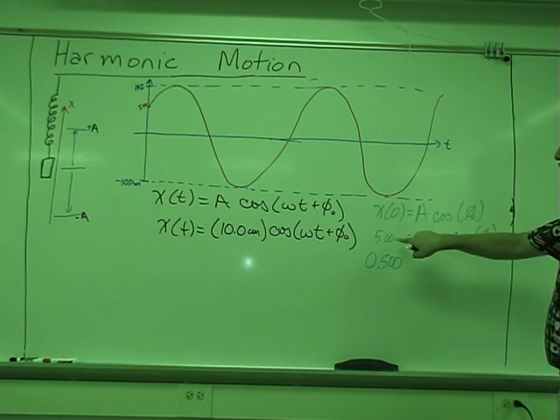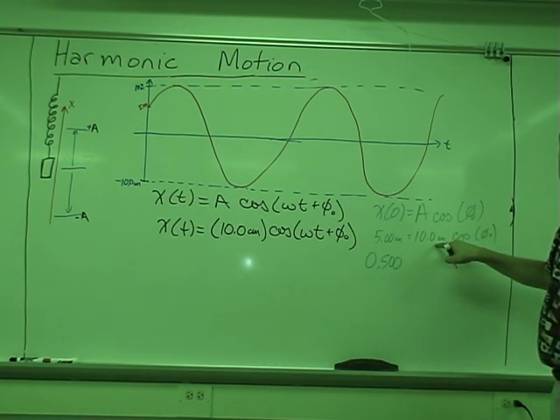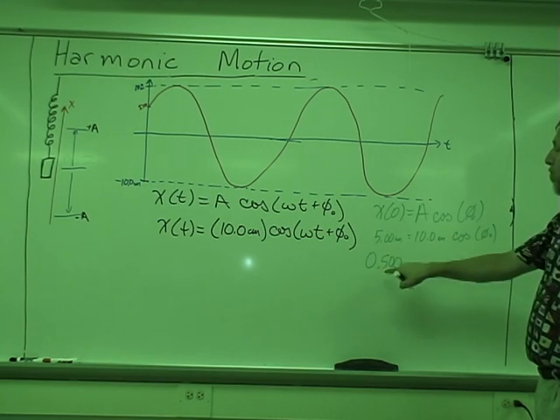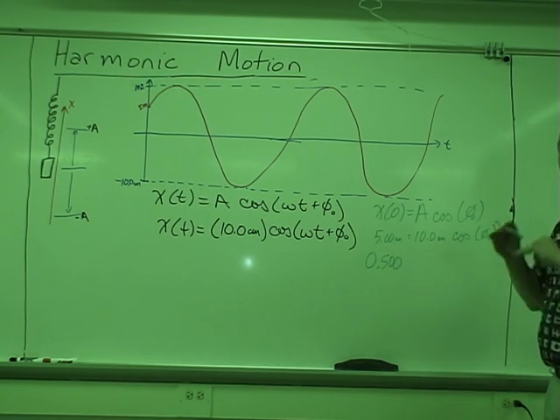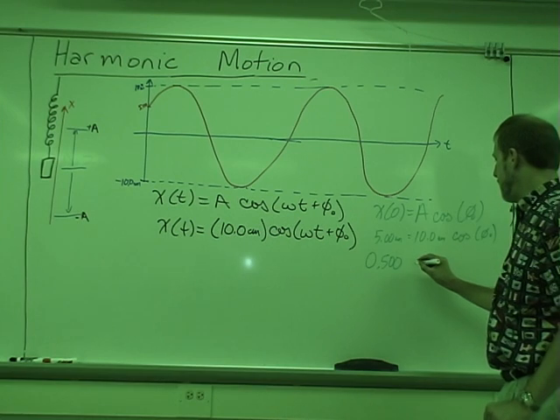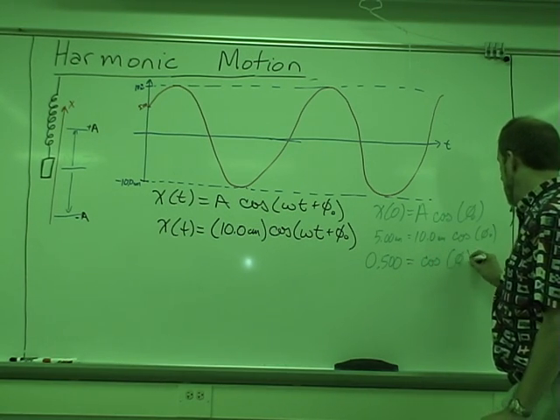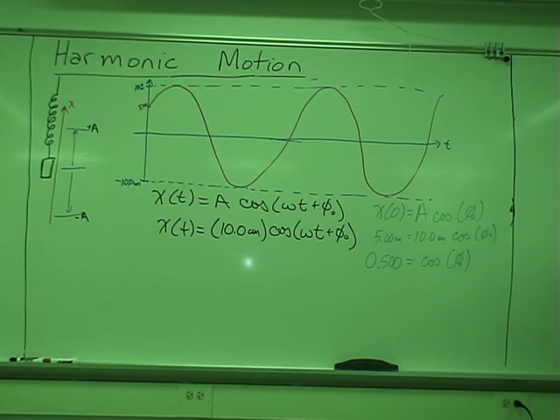Now notice, I just divided 5 centimeters by 10 centimeters. So 5 centimeters divided by 10 centimeters is 0.5, no units. The units have just canceled out. And that's equal to the cosine of phi naught.